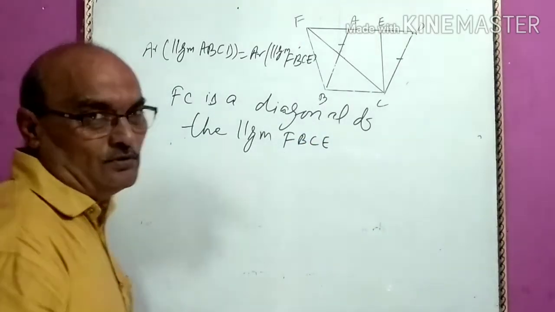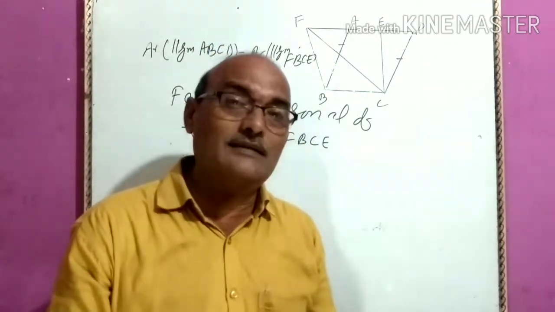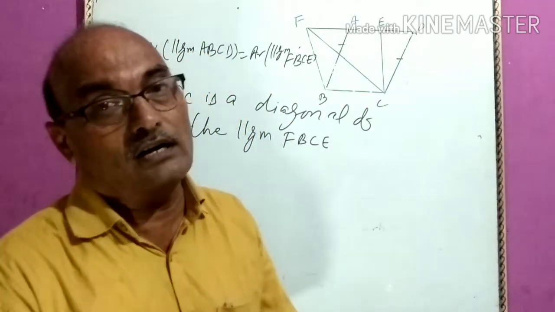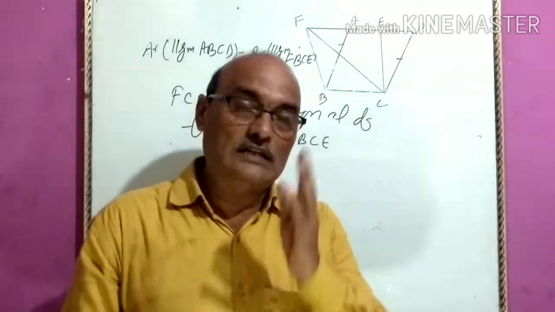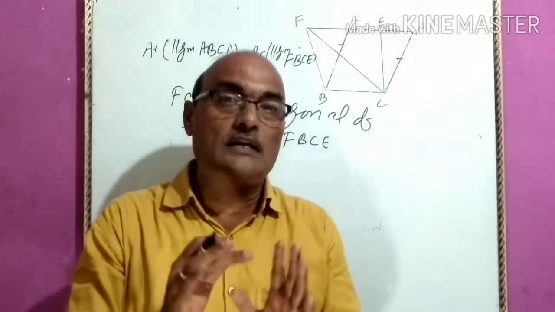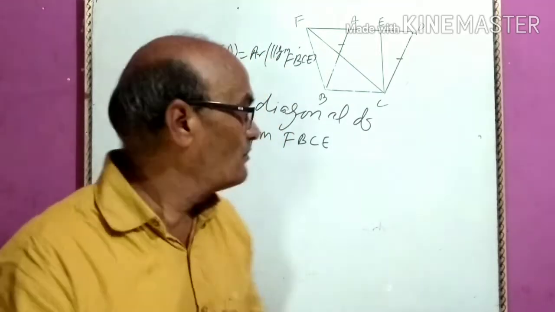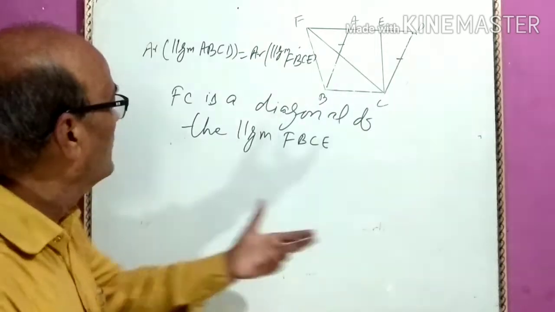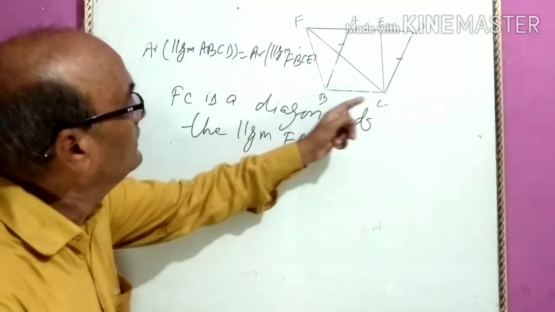And what we know? We know that a diagonal divides a parallelogram into two triangles of equal area. क्या आप जानते नहीं कि डायगोनल किसी भी पैरेललोग्राम को दो बराबर एरिया वाले ट्रायंगल में बांट देता है. ओके, सो यू राइट डाउन FC is a diagonal of the parallelogram FBCE.